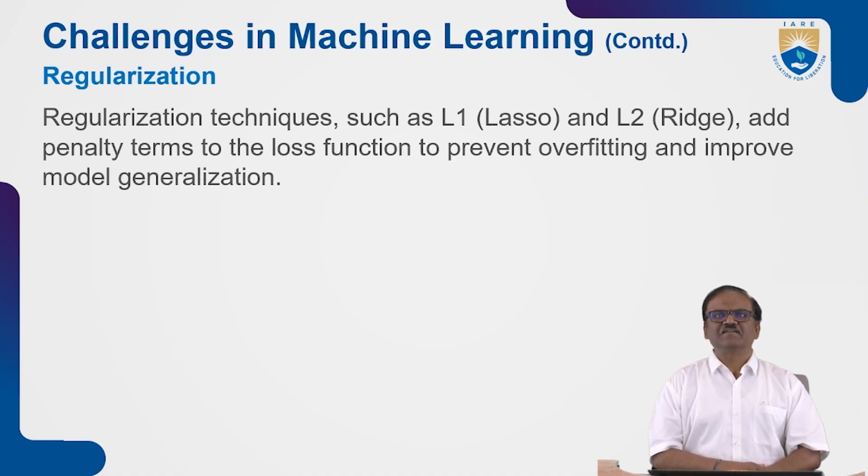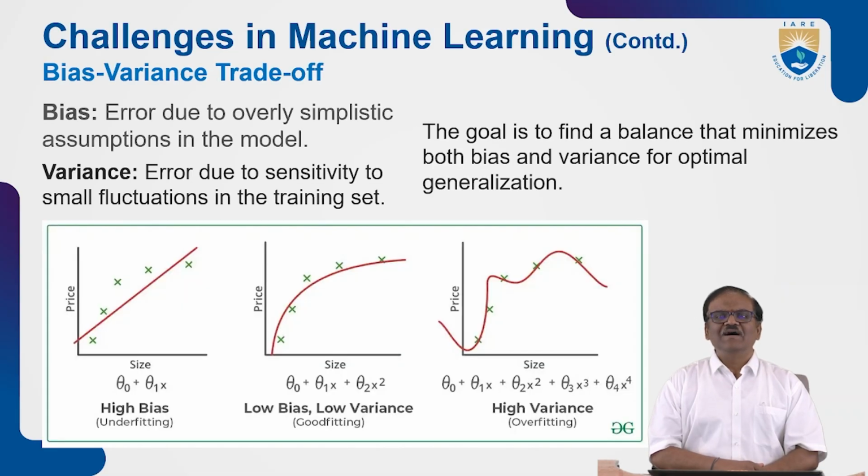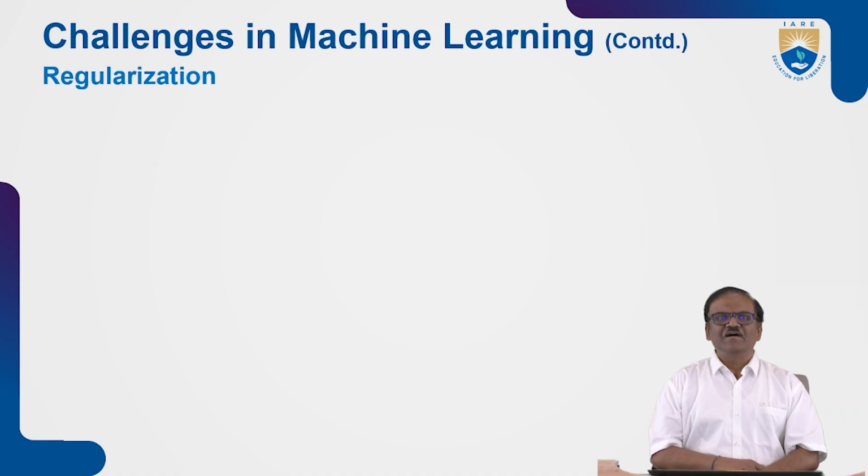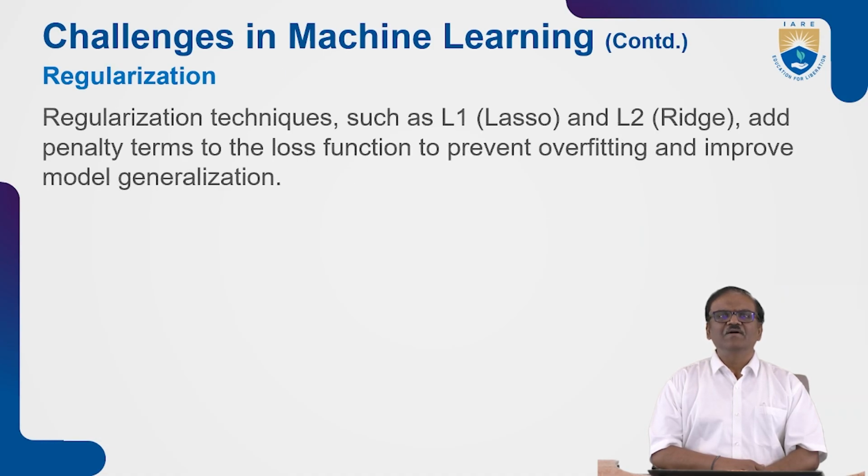Regularization techniques such as L1 and L2 add penalty terms to the loss function to prevent overfitting and improve the model generalization. So here the theta 1, theta 2, theta 3 values will be updated by regularization, and we are going to prevent overfitting and improve the model generalization.